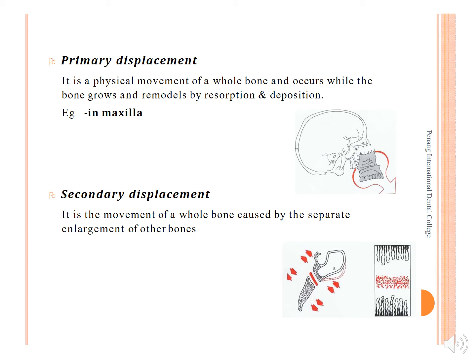Because of this, the maxilla will move due to the effect of the deposition and resorption of the nearby bone. That is called secondary displacement, meaning that the resorption and deposition from the nearby bone cause the whole maxilla to be moved.